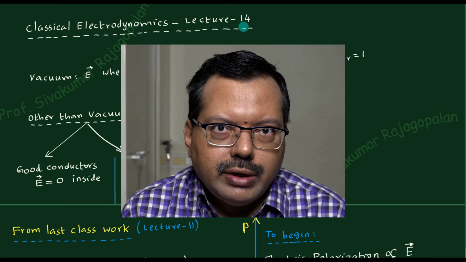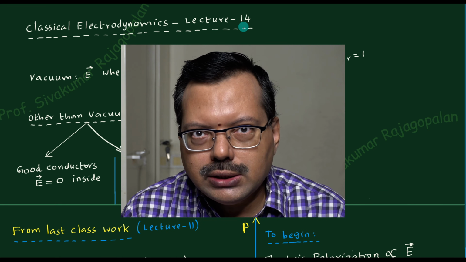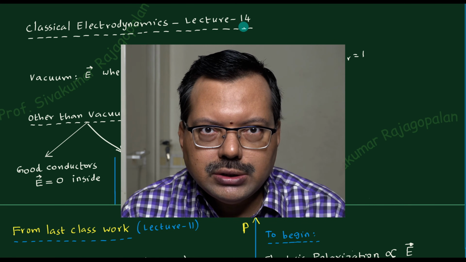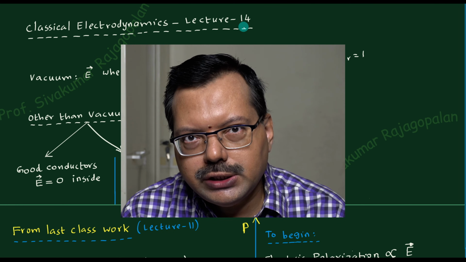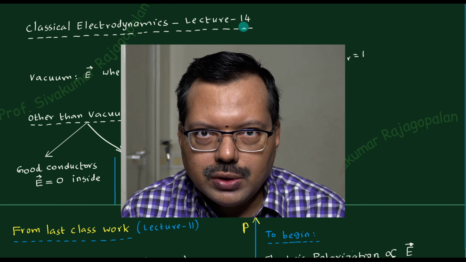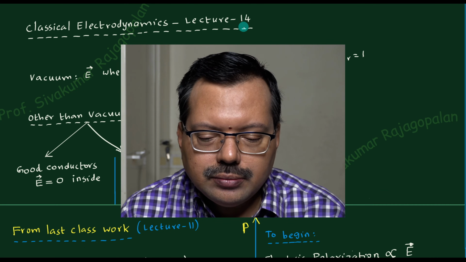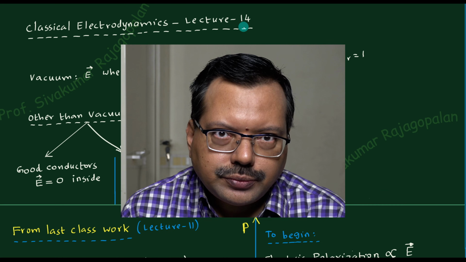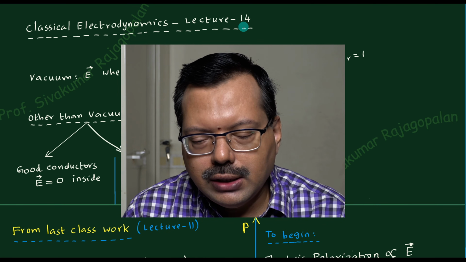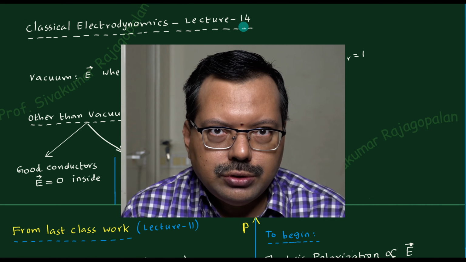We don't have vacuum all the time, so it is natural to ask what the consequences are when a dielectric medium is present in the system. The first consequence is polarization, and because of the polarization, you have an additional electric field getting generated, as we have seen in the last class. Therefore you have the total electric field: one is the applied electric field, the other is the electric field generated due to the polarization.